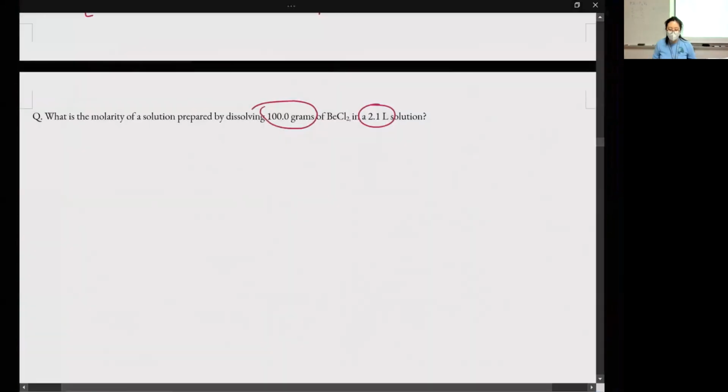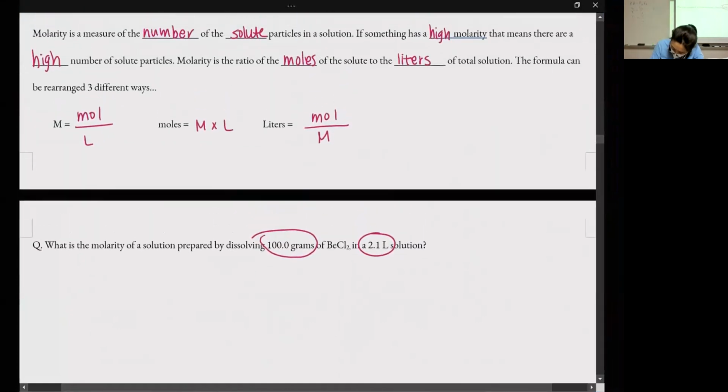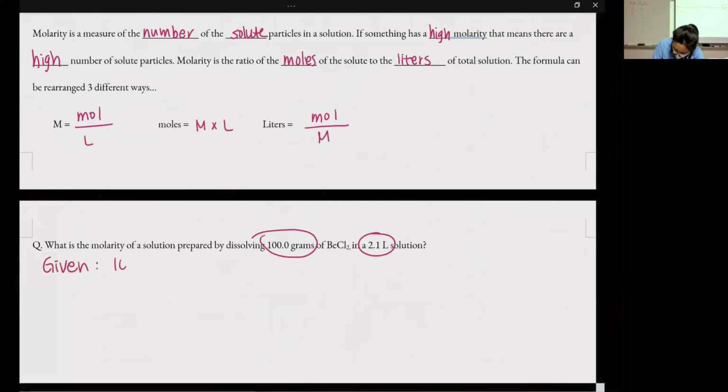Going back to the question. Okay, what is the molarity of a solution prepared by dissolving 100 grams? So we know that our given is 100 grams of BeCl2 and then 2.1 liters of a solution. And then we're looking for the molarity.